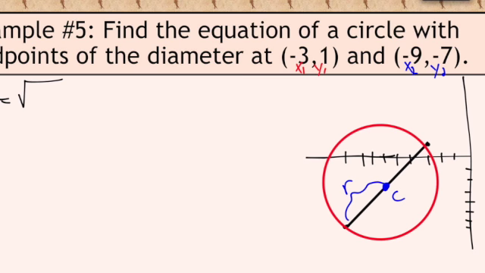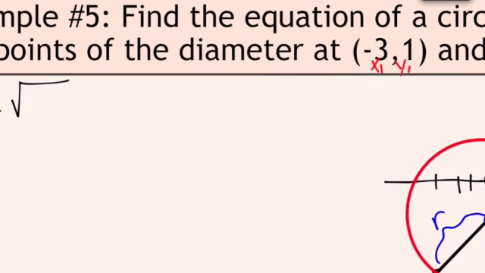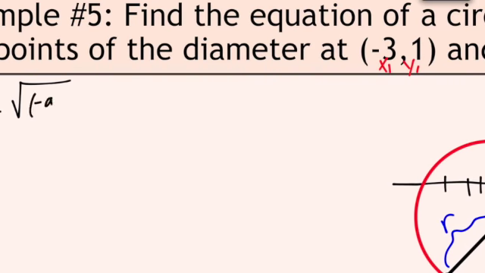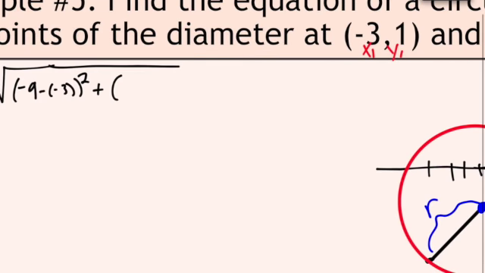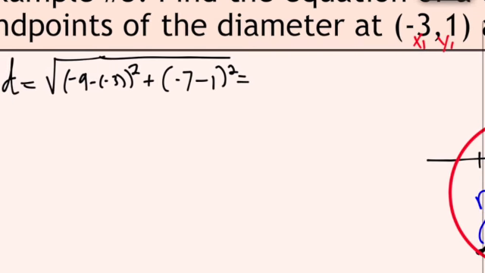Let's do our x's first: -9 minus -3, squared, then plus, let's deal with the y's now, -7 minus 1, squared equals, well, we'll bring it straight down.